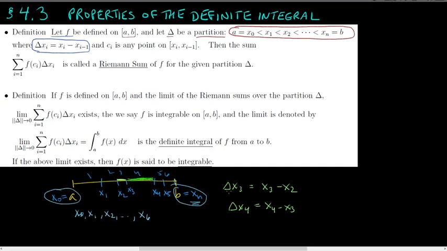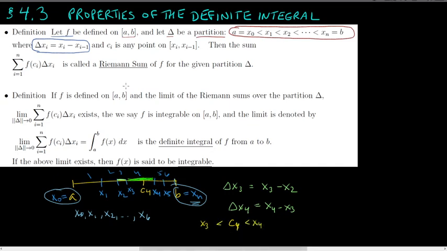So your delta x's are not the same here. As I think I mentioned last time, they don't have to be the same. So we have that partition, and ci is just any point in the middle of these intervals. So for example, c4 could be right here. c4 could be anywhere between x3 and x4.